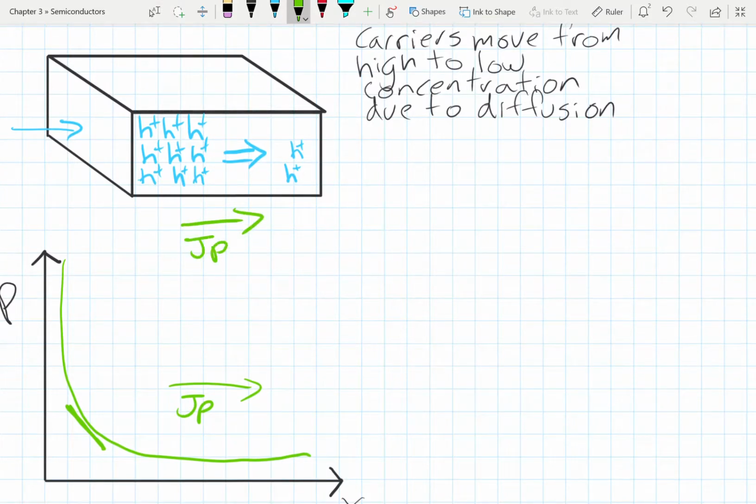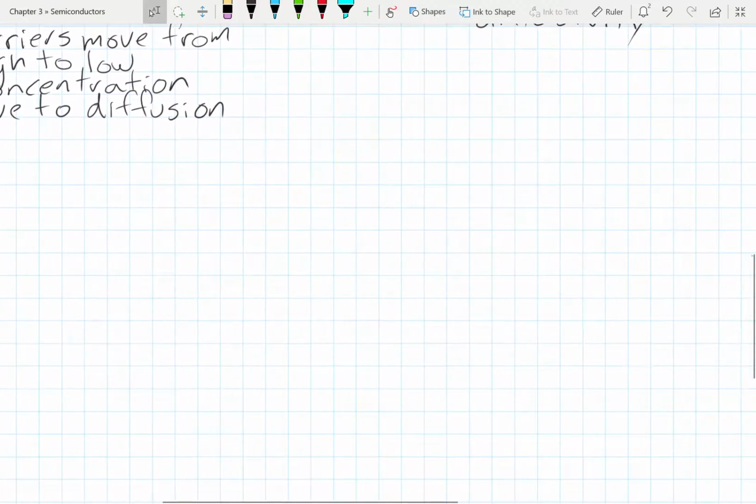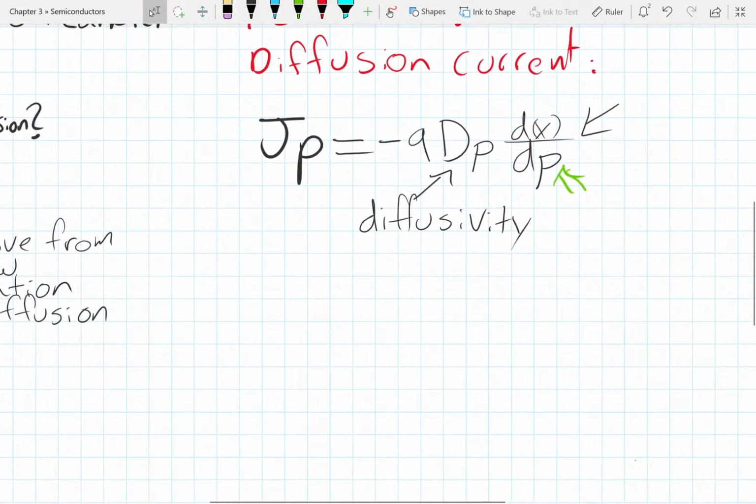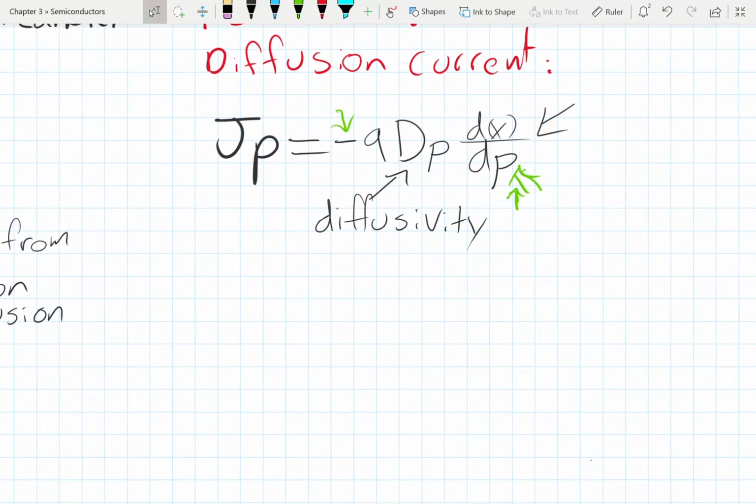So we are seeing it here in the formula, on a simple graph down here, and by this formula. When you have a negative on one side and then this other negative, we know that it ends up being a positive current going from left to right.